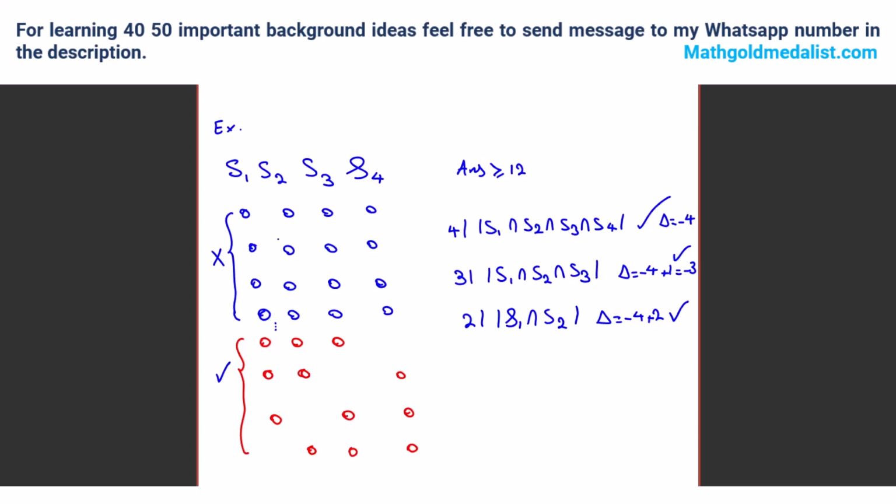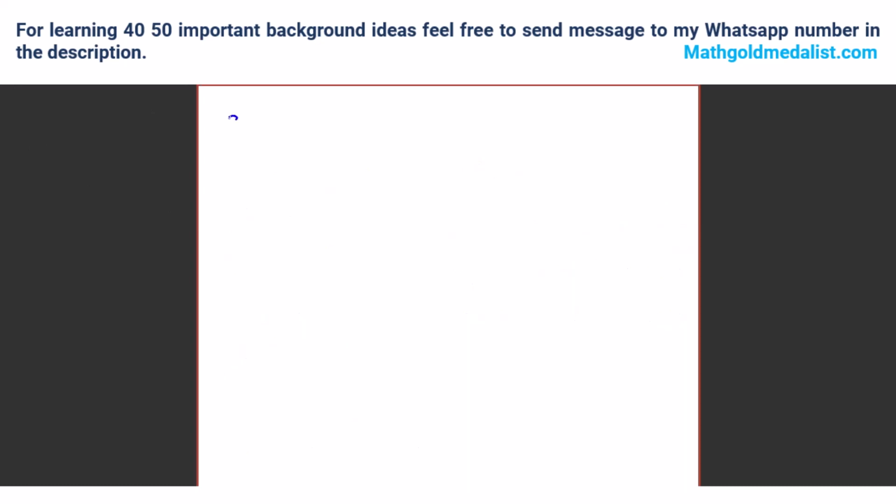Do you agree we can remove them until S1 intersect S2 to S4 equals 0? Because it is a multiple of 4. We subtract by 4, by 4, by 4, and each time we replace with this. So now we can reach the case that S1 intersect S2 intersect S3 intersect S4 is 0, right?